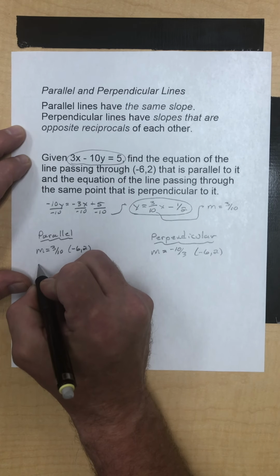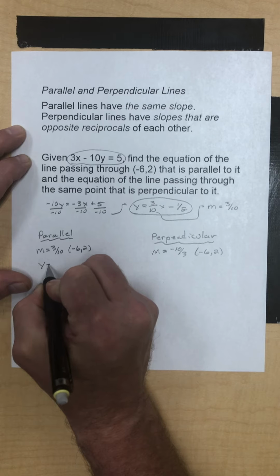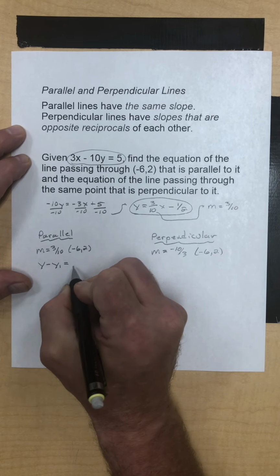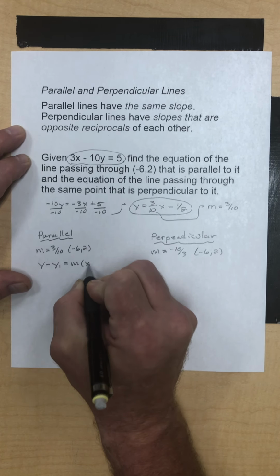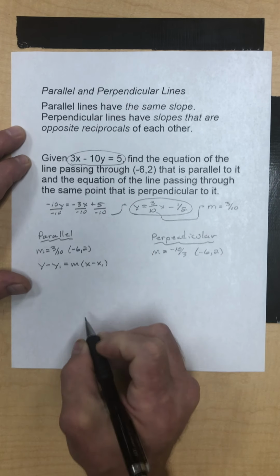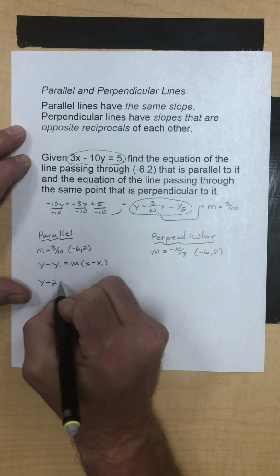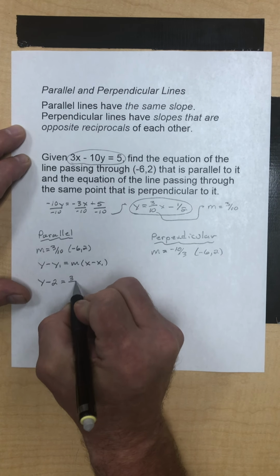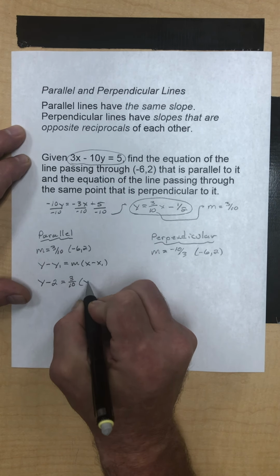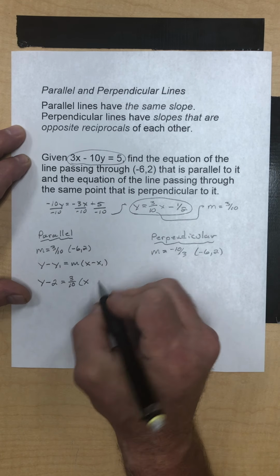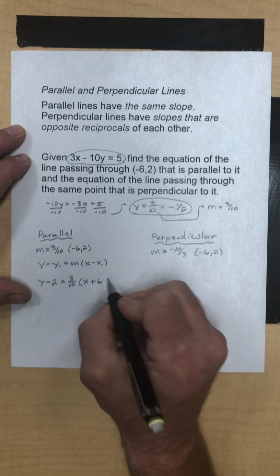I'm going to use my point-slope formula: y minus y sub 1 equals the slope times x minus x sub 1. So I get y minus 2 equals the slope, 3/10, times the quantity of x minus negative 6, so that'd be x plus 6.